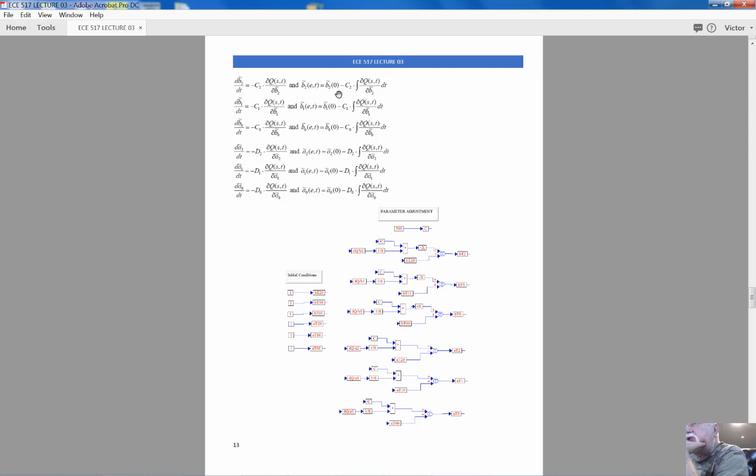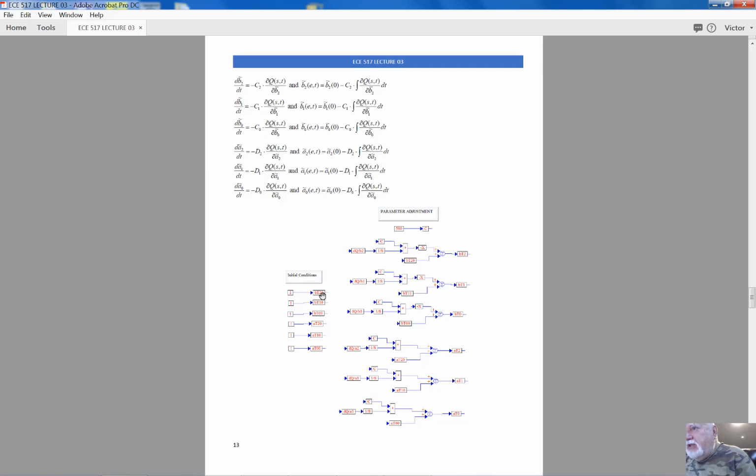It is equal to its initial condition plus a constant times the integral of the rate of change of this parameter. And this is true for all other parameters, and here it is implemented by simulations.